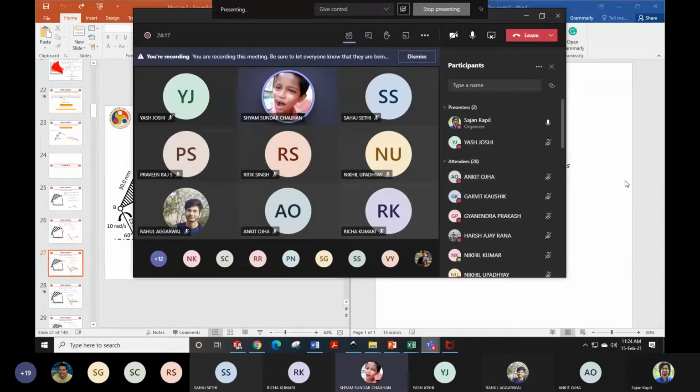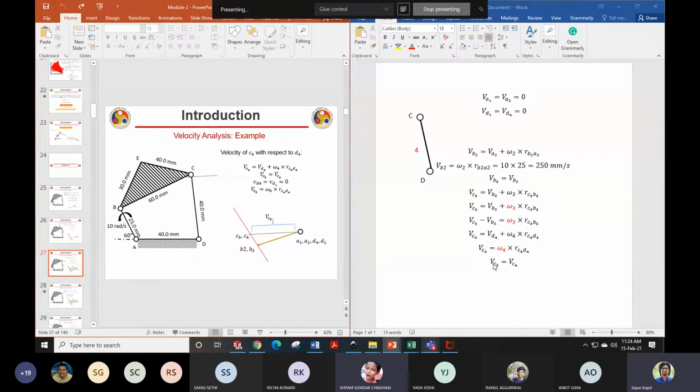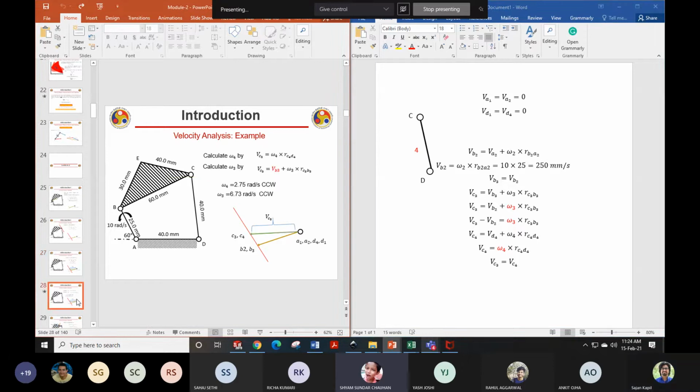What is the velocity of C with respect to ground? Sir, I am getting something like 280 mm per second, approximately.